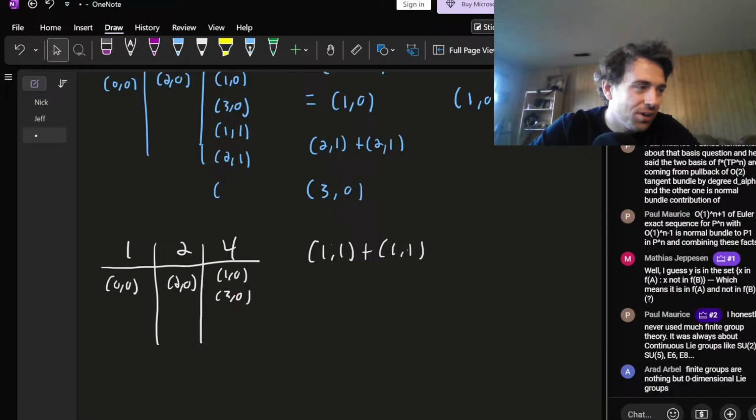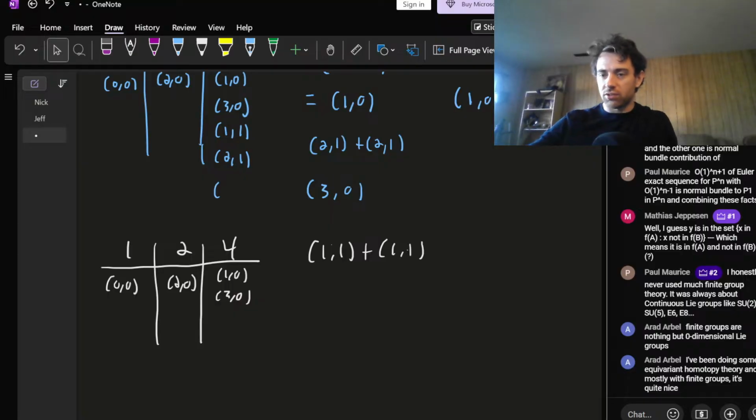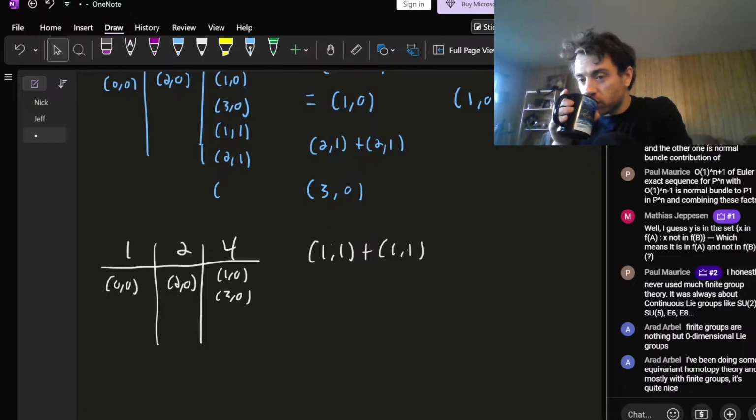Yeah, and I think one could have a perfectly fine time just studying Lie groups, but I do feel like if I had learned even more about finite groups and their representation theory, I probably would have had an easier time with certain aspects of algebraic and Lie groups. But it's fine as it is. You've been doing some equivariant homotopy theory, and mostly with finite groups. Oh, nice.